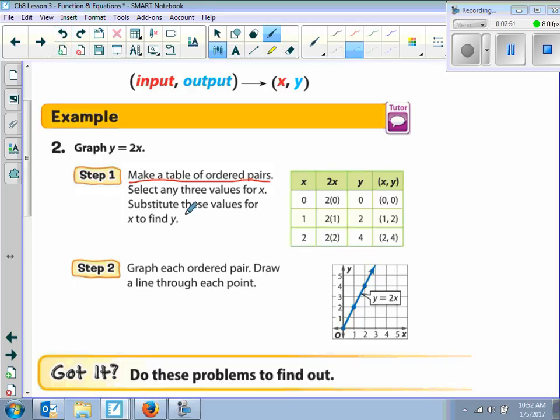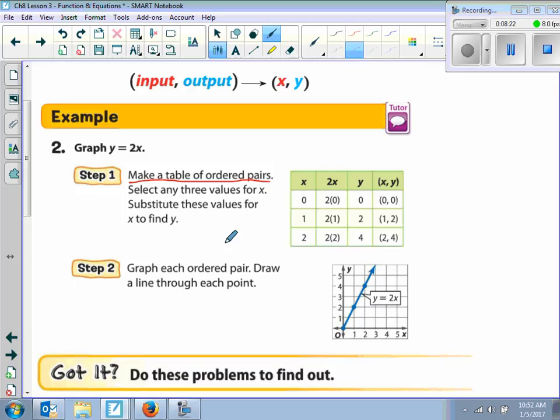All right. So when we make our function table, we're going to select any 3 values for x, and then we're going to substitute those values into the function rule, and then simplify to get our y value. Now, let me point out to you, when you are graphing, if you get to choose the numbers, I would suggest you keep the numbers small so that your graph will be able to fit on your paper.